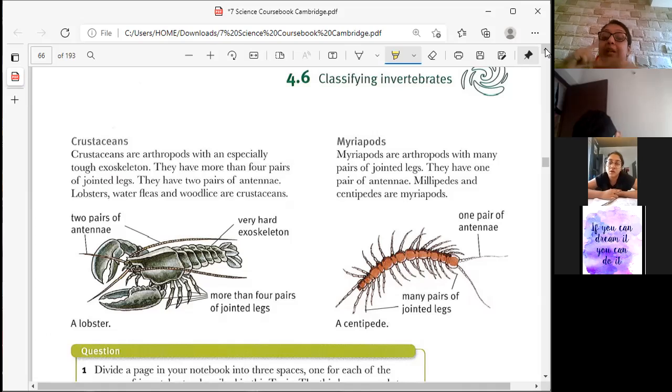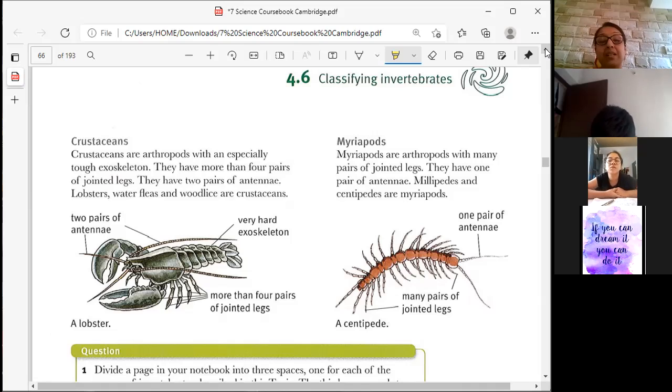And along with these many pairs of joint legs, they also have one pair of antenna. You have heard of millipedes, centipedes. They are coming in the category of myriapods. They have many joint legs and they have one pair of antenna.